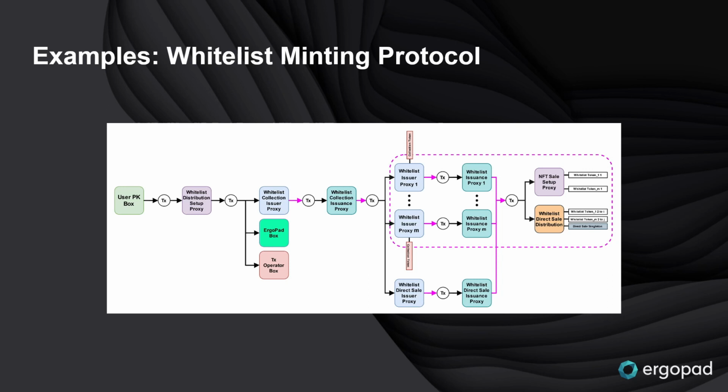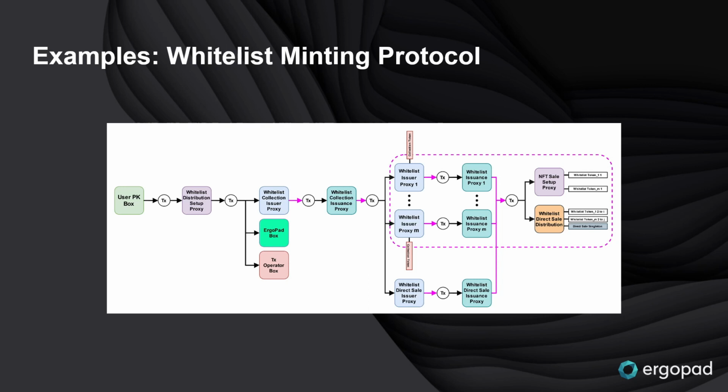And we use parallelization because we were able to create multiple whitelist tokens. So it branches off from the first transaction. Since only one token can be minted per transaction, we mint all of the issuer whitelist tokens in each of their own transactions, and then the pink means that it's chained, so the output gets subsequently used right away as an input.